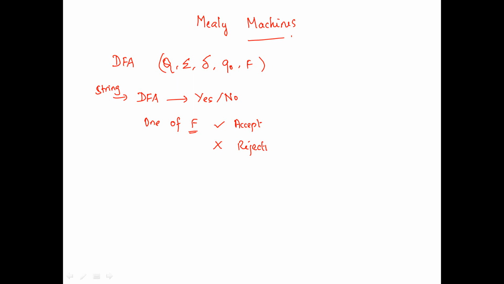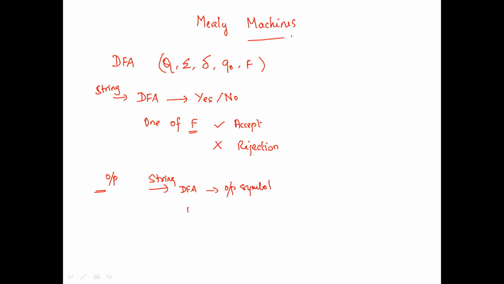Now there is another class of finite state automaton machines which give us an output instead of this yes or no decision. For a given input string, if the DFA emits an output symbol, similar to our input symbol, it is a DFA with output.